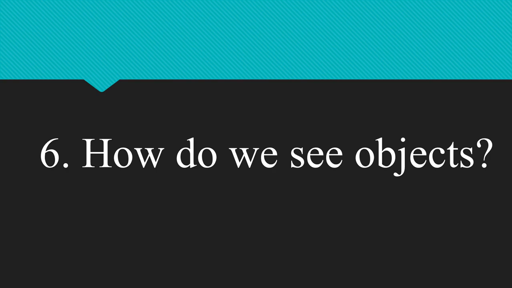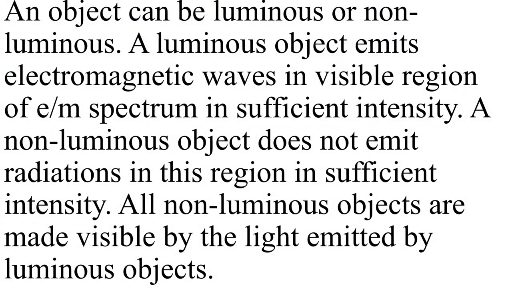Let's move on to question number 6. How do we see objects? An object can be luminous or non-luminous. A luminous object emits electromagnetic waves in the visible region of the electromagnetic spectrum in sufficient intensity.